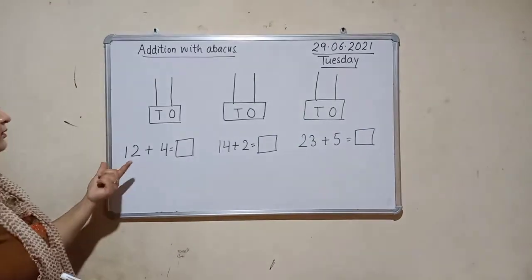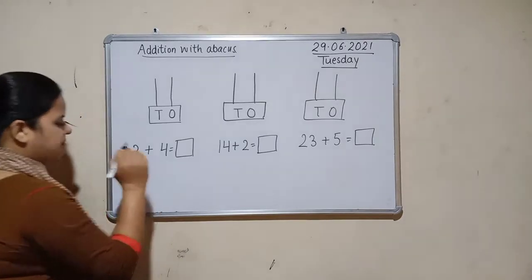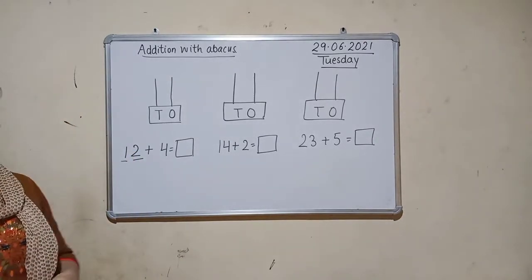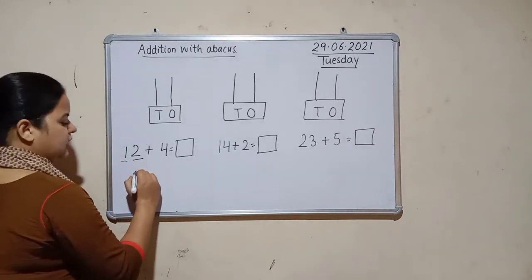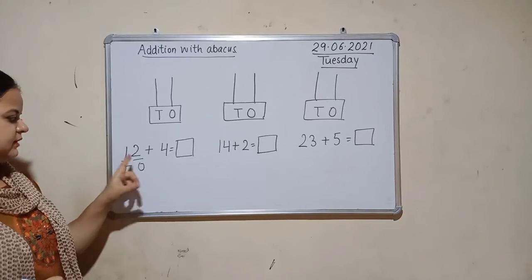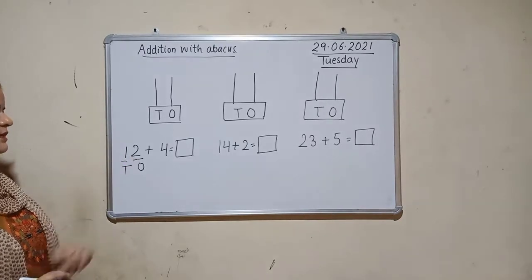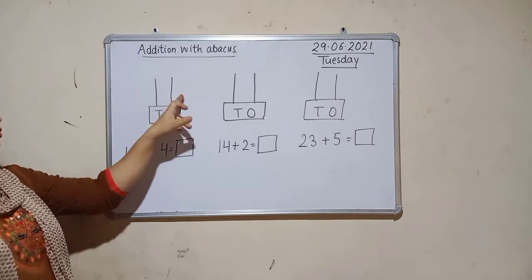Okay. So see, here we have number 12 and 12 has 2 digits. This is a 2-digit number. 2 is ones and 1 is tens. Here we have 2 lines.